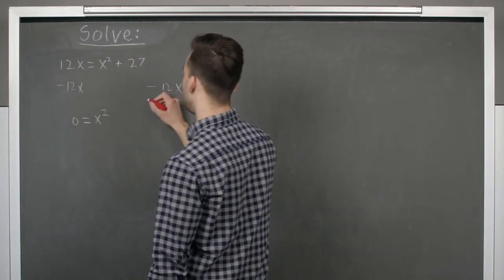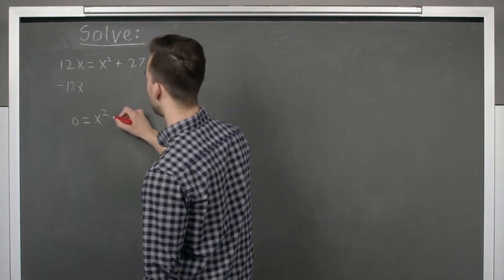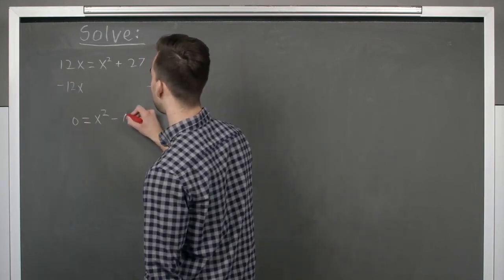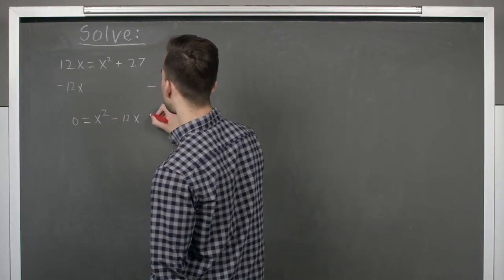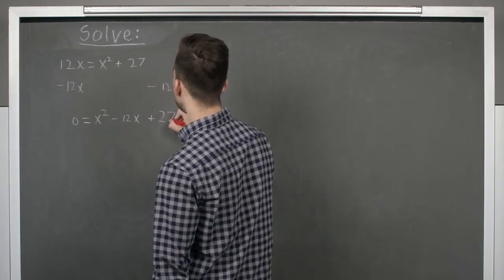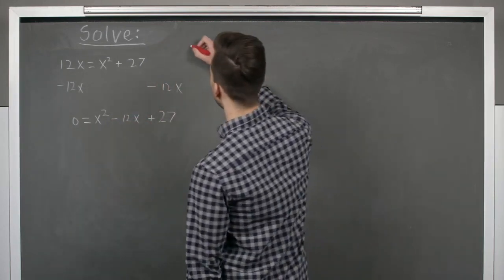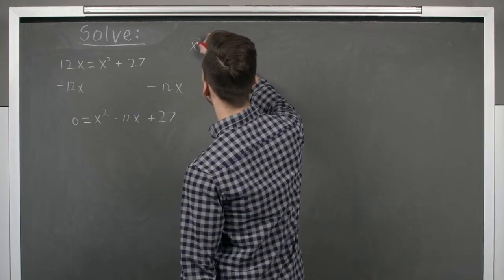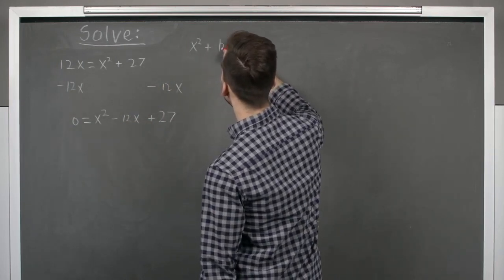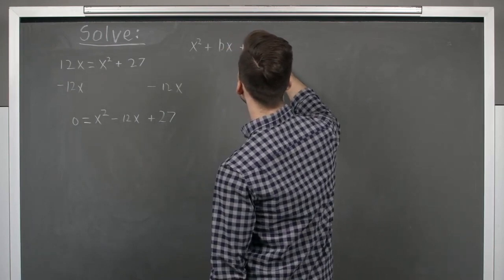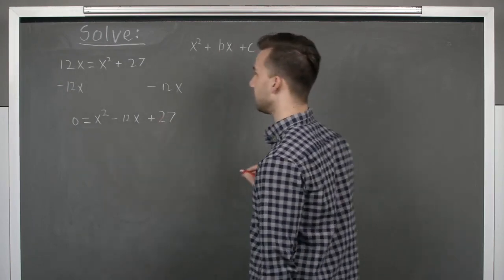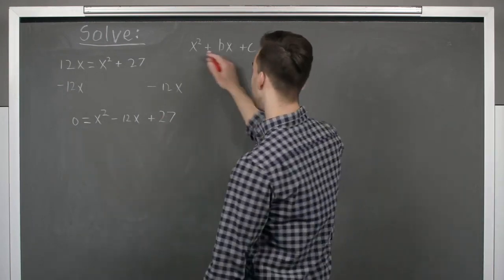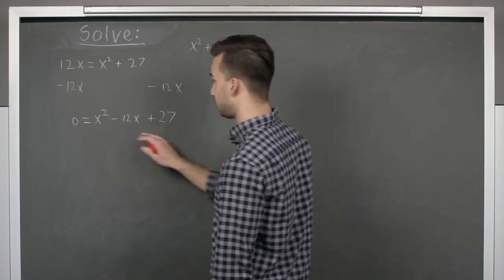Let's write this in the form we're familiar with. So I just wrote it in the form x squared plus bx plus c, because that's what we know how to factor. So how do you factor this?